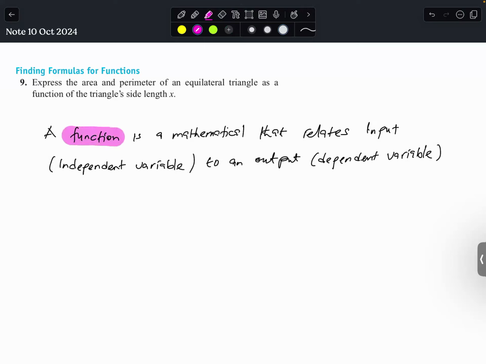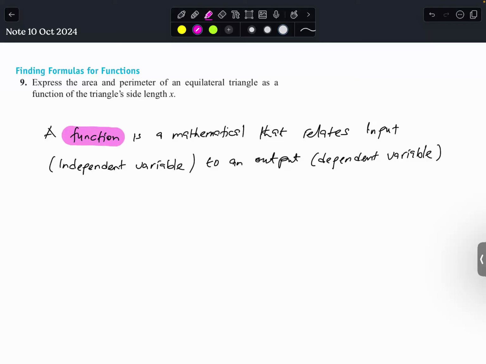So basically what you are asked to do here is try to find a function that relates, for example, in this first question, express the area and the perimeter of an equilateral triangle as a function of the triangle's side length.